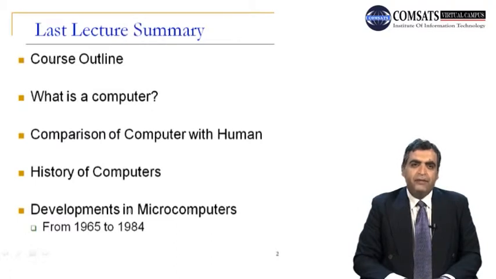And then we delved into the history of computers. In this topic, we compared analog and digital computers. We discussed the abacus, Pascaline, Charles Babbage's differential engine, punch cards, Mark I, Harvard Mark I, Manchester Mark I, ENIAC, EDVAC, etc. Then we discussed the developments in microcomputers from 1965 to 1984.